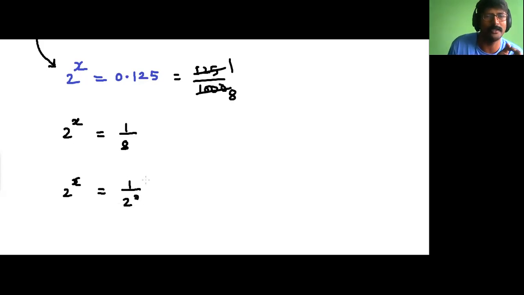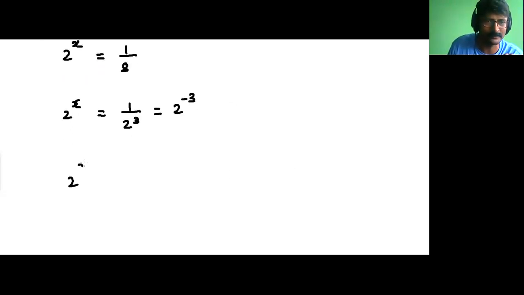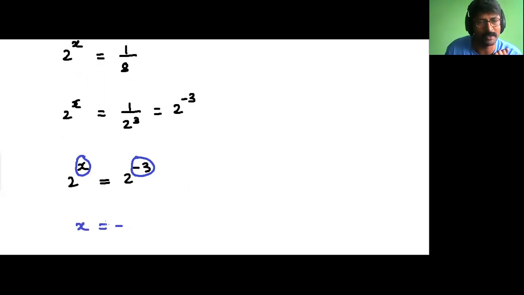Now it will go up and it will become 2 power minus 3. Now if we compare 2 power x is equal to 2 power minus 3, then you'll understand the value of x is equal to minus 3, because bases are the same, so we can compare the powers. So x is equal to minus 3.